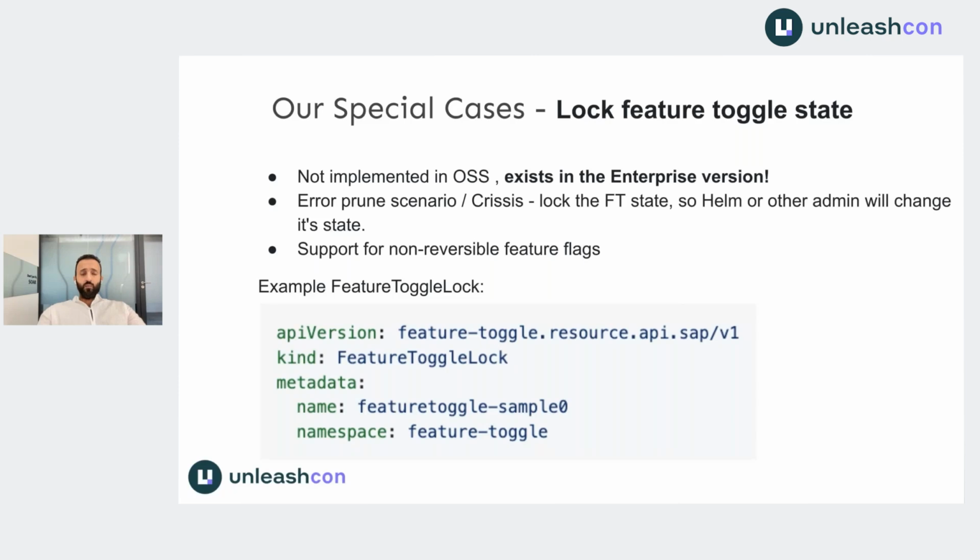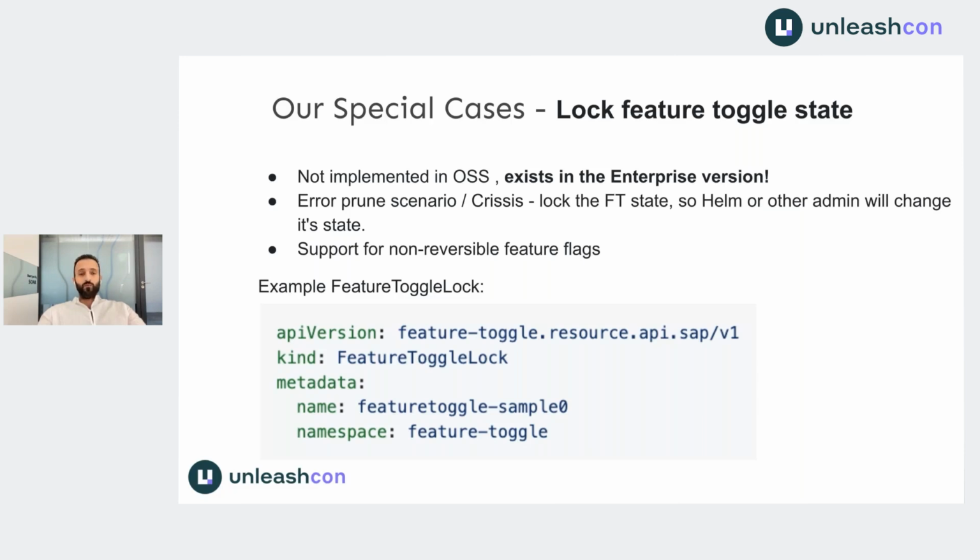For example, here is one of our special cases: we need to lock the feature toggle state. If I have, for example, an outage now, the first thing I want to do is log into my cluster directly and switch off the toggle.